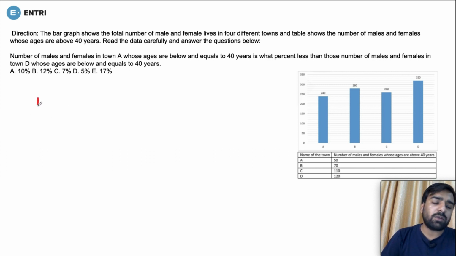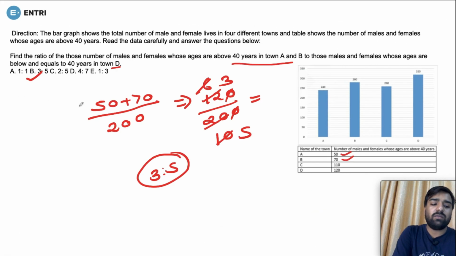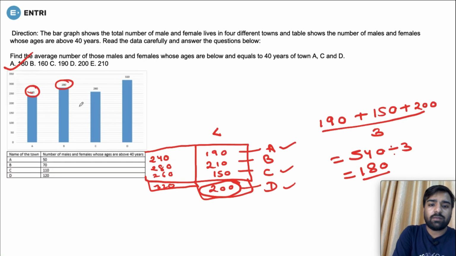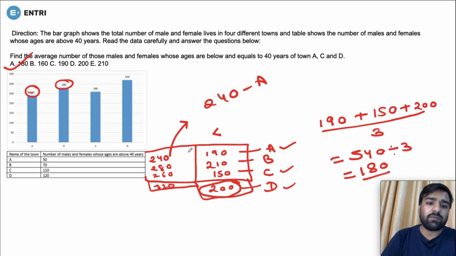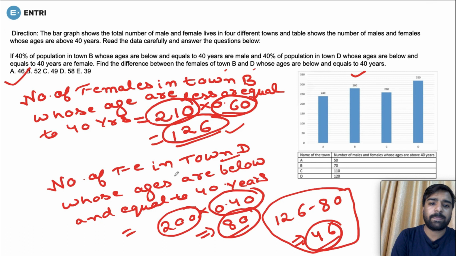So they are talking about town A and town D. So let's see what is the population of people whose age is less than 40 years in town A and town D. For town A, it was 240, and for D it was 320. Isn't it? 320. Now 240 and 320.